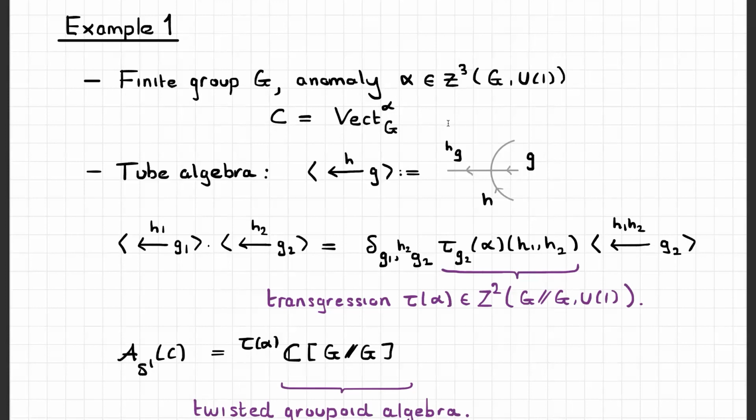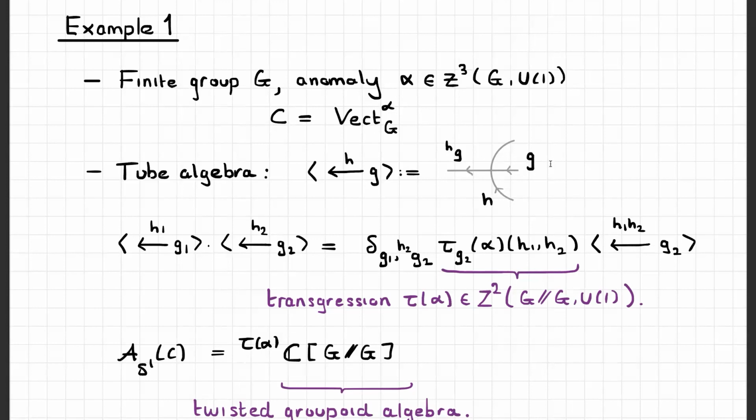And in this case, the tube algebra is a very well-known thing. It's basically a twisted groupoid algebra. So let's see how that comes about. So what generates the algebra? Well, you draw diagrams like this. So the twisted sectors are just labeled by group elements. Now, those are the lines that generate the symmetry.